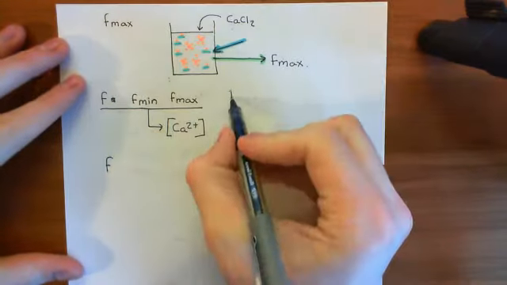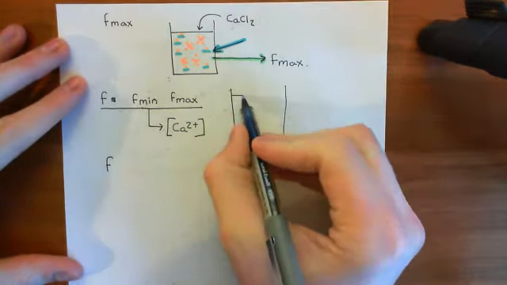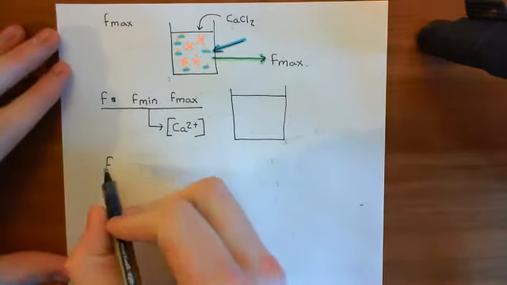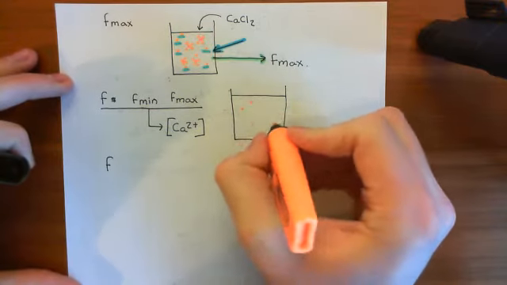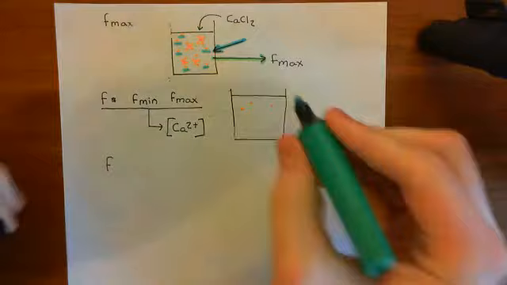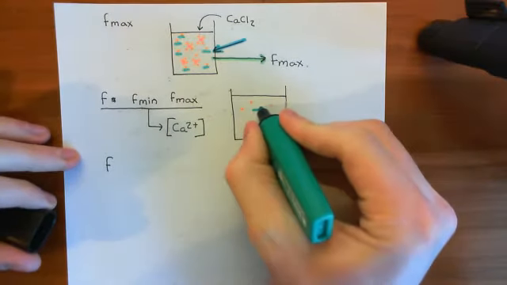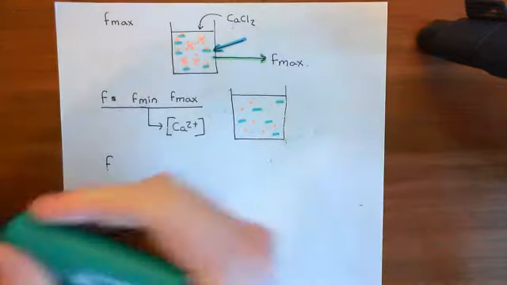So if I draw a picture, we're drawing the scenario where we measured F. We have our original concentration of calcium in this solution, and then we have added our Fluo-4. Now some of the Fluo-4 molecules will have calcium bound to them, and some will not.